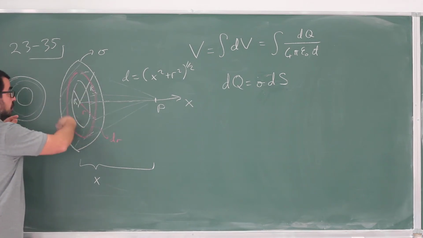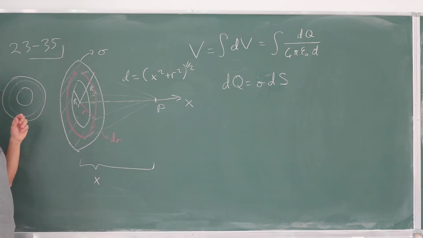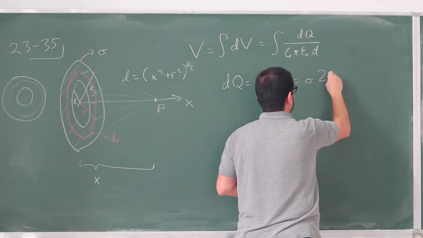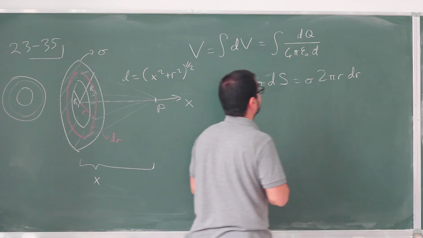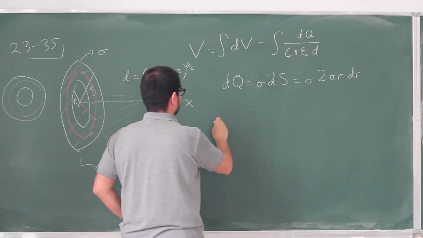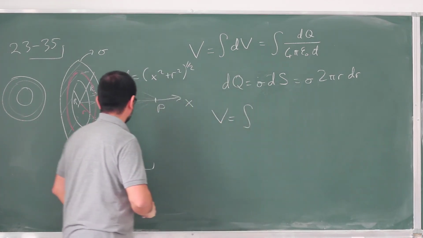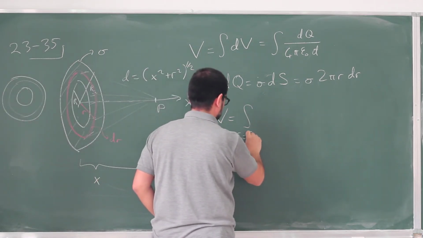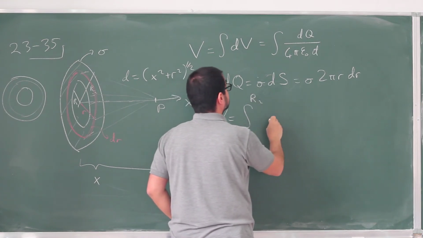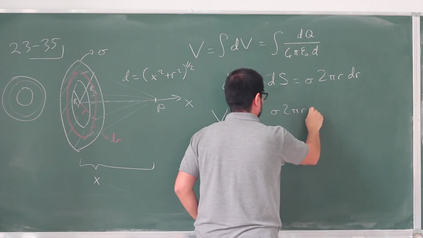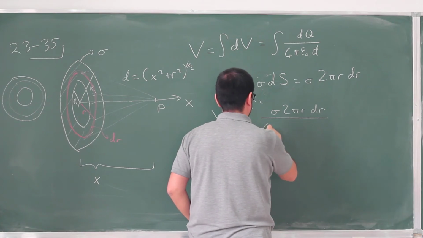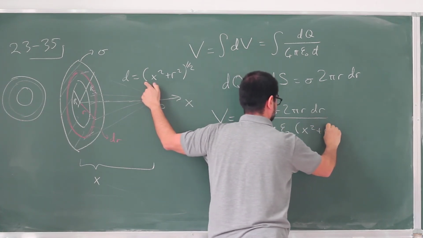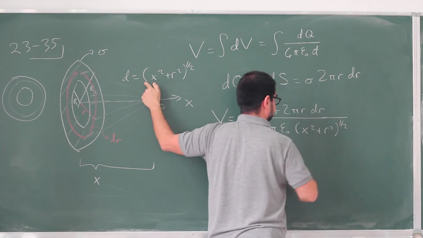The length in this case is just the circumference, 2 pi r, and the height is just dr. So this is sigma 2 pi r times dr. Now, to cover the whole ring, my r has to go from R1 to R2. So V is the integral from R1 to R2 of sigma 2 pi r dr divided by 4 pi epsilon naught times (x squared plus r squared) to the half.